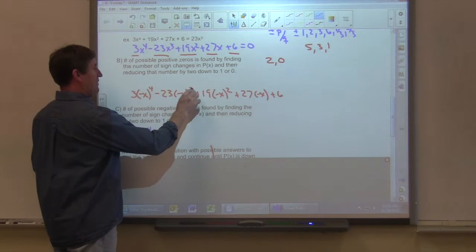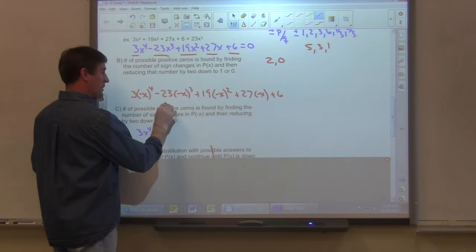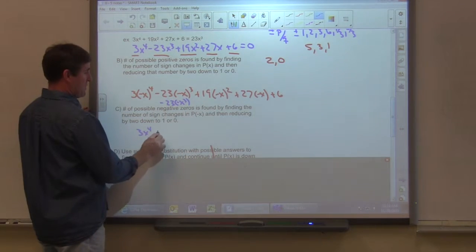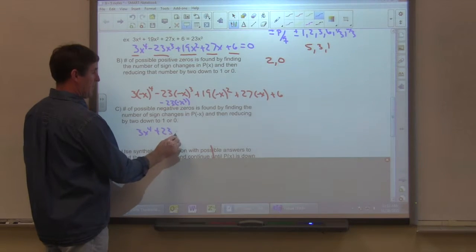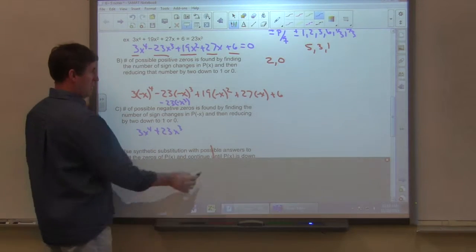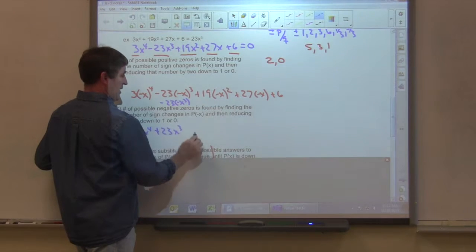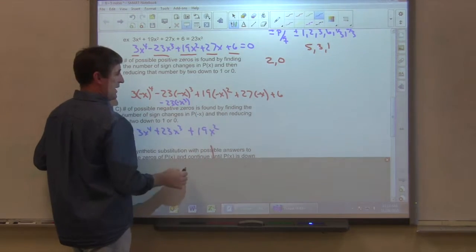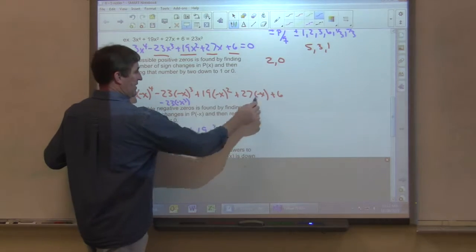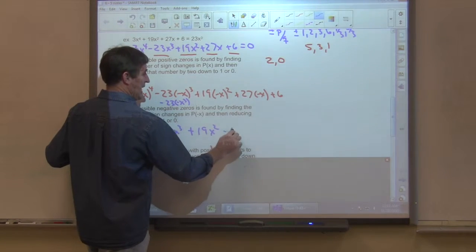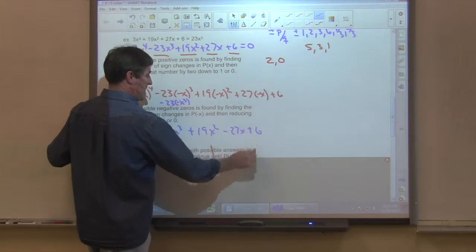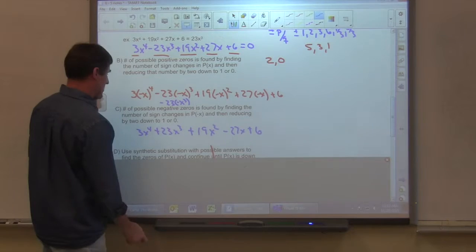Then here I would have 3 negative signs, and so this would become negative 23 times negative x to the 3rd. But a negative times a negative is a positive, so that would become 23x to the 3rd. And then negative x squared would become positive x squared, because 2 negatives is a positive. And then we have a negative x, so that would become negative 27x, because we get 27 times a negative 1, plus 6.